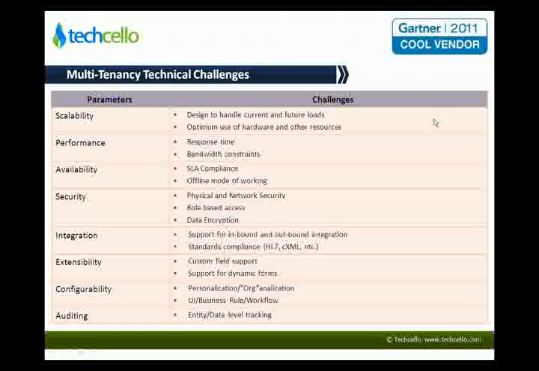Which means in an on-premise application, if you were serving 10,000 users, now if you have even just 10 customers, it's 10x. So your product has to become scalable to a higher volume. There are different levels at which you have to talk about scalability.